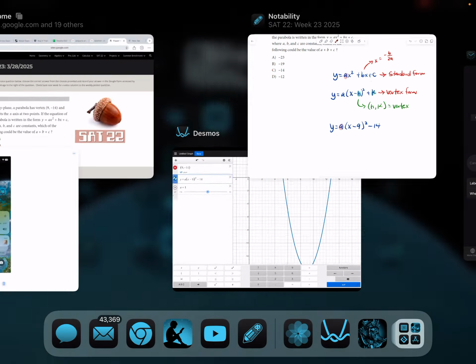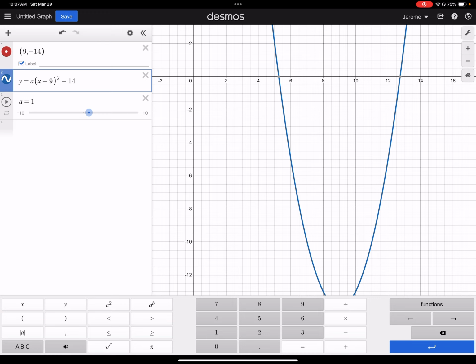You would have to really, really luck upon it, and it would take you way longer than you could possibly allot for this question. Anyway, so now what a good use of the Desmos would be is actually shifting around a and getting a handle for what a could possibly be.